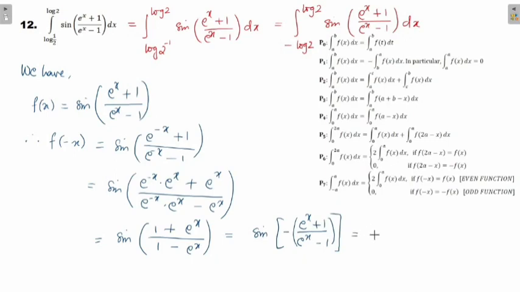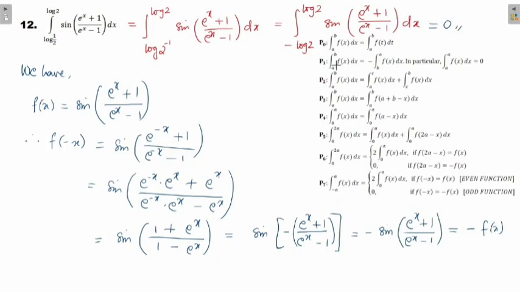So it becomes minus sine theta, where theta is (e to the power x plus 1) divided by (e to the power x minus 1). This is nothing but f(x), so this becomes minus f(x). Again it follows the second rule, that the function is odd. So again you write that using P7 this integral will be equal to 0.